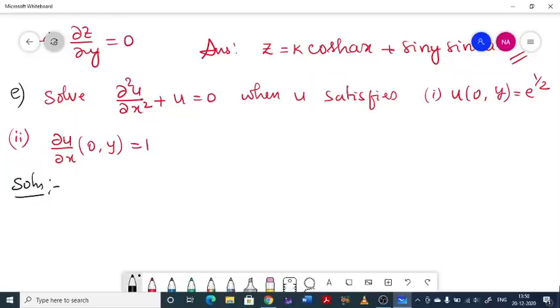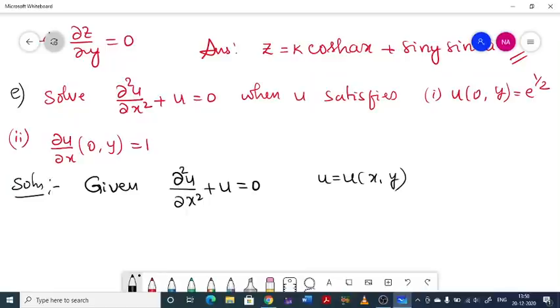See here, first let us write the given equation. Given that dou square u by dou x square plus u equal to 0. Here u is a function in two variables, u equal to u of x comma y. When x is 0, the value of u will be e power 1 by 2.